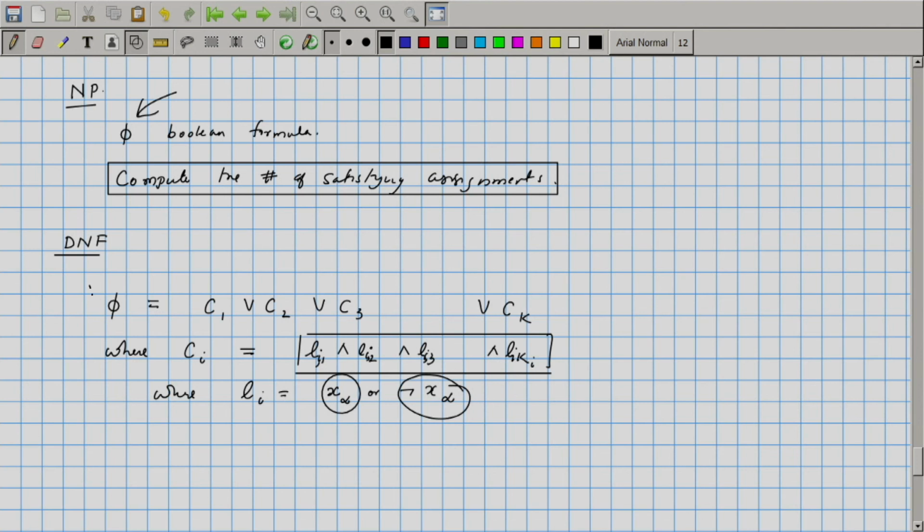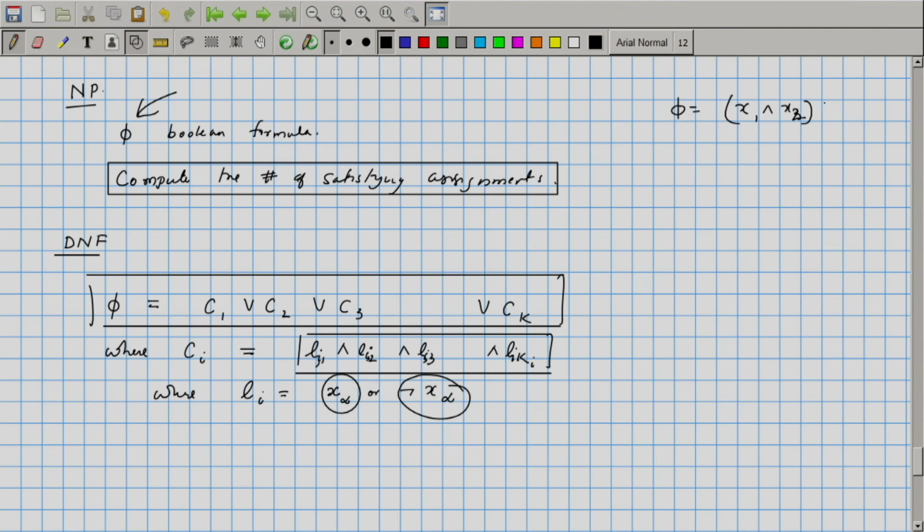So, we are given a formula of this kind, and we are asked the question, how many satisfying assignments does this particular formula have? For example, if we take phi equal to x1 and x2, or not x1 and x2, or x1 and not x3.